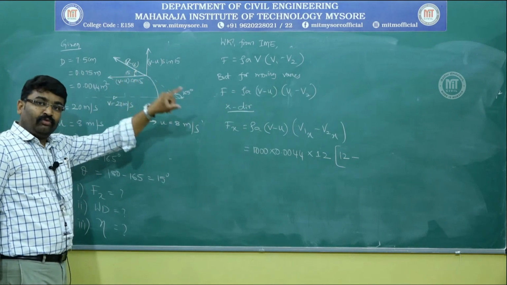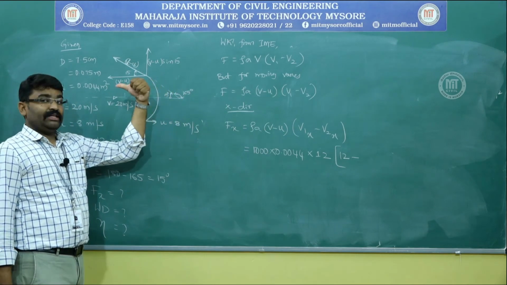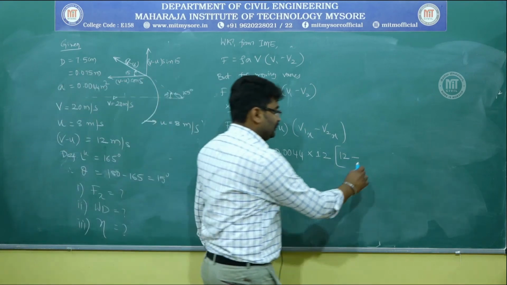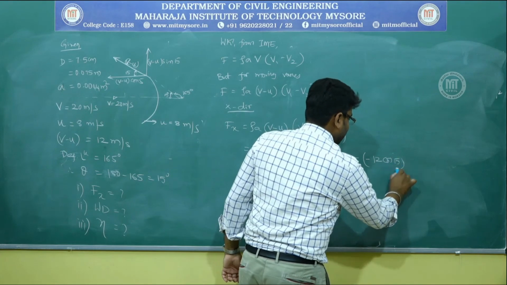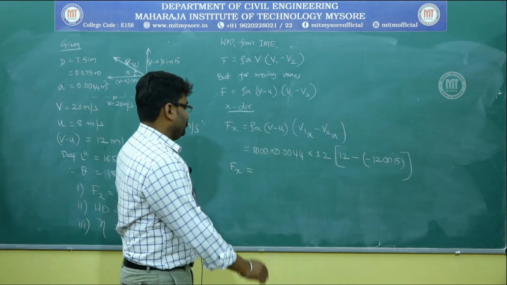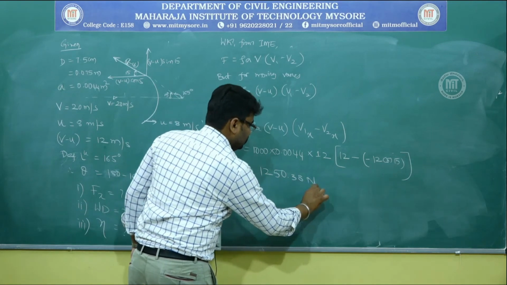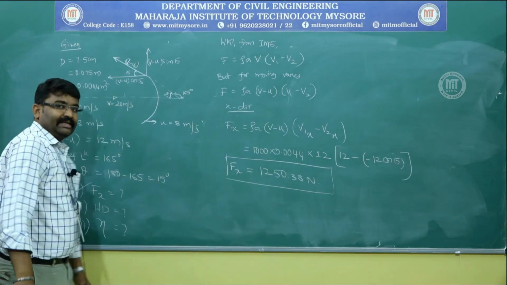Final velocity also would be V minus U, but its component in x direction is V minus U cos 15, but in the negative x direction. So it is minus 12 cos 15. On simplification, Fx is 1250.38 Newton. This solves the first case.